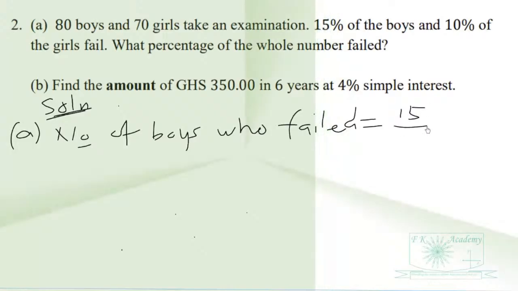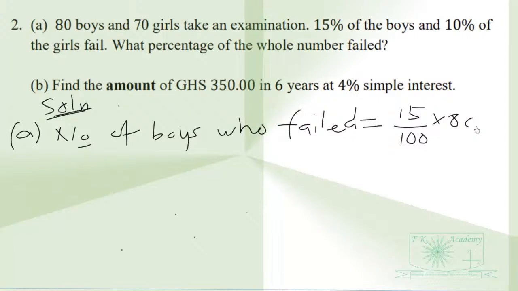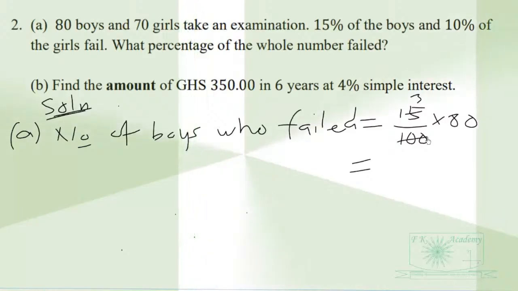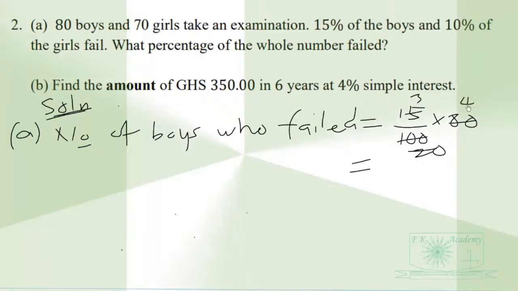That is 15 over 100 times 80. Then we can simplify this to get, we know 5 can go into 15 3 times, and 5 can go into 100 how many times? 20 times. 20 can go into 80 how many times? 4 times. So 3 times 4 will be 12. So the number of boys who failed are 12.